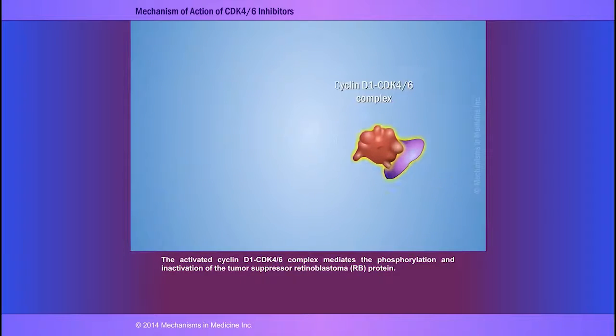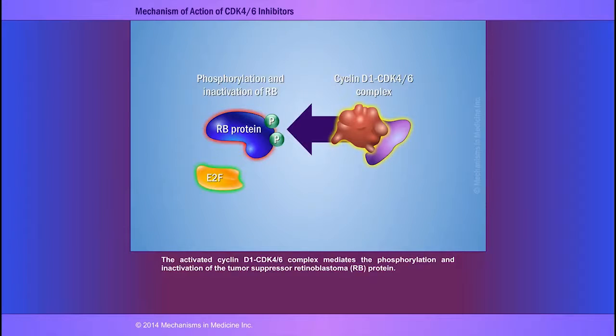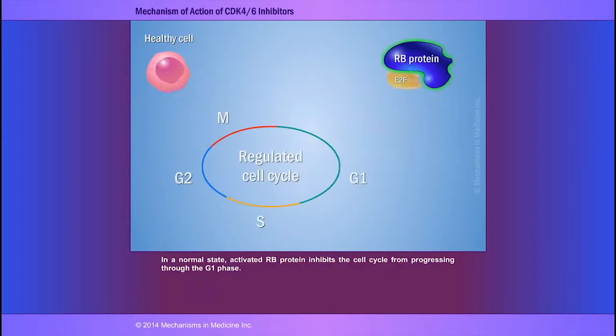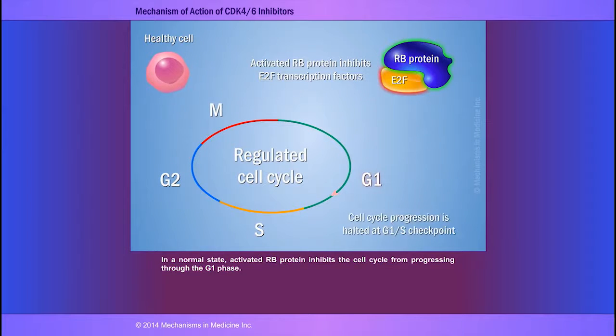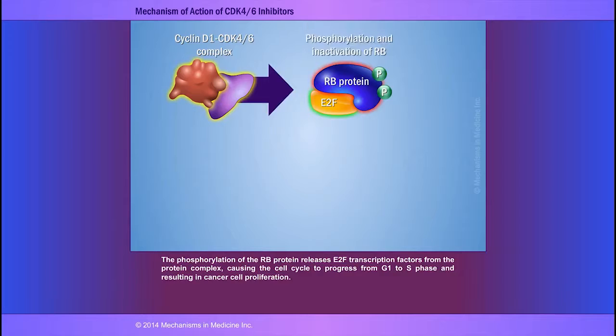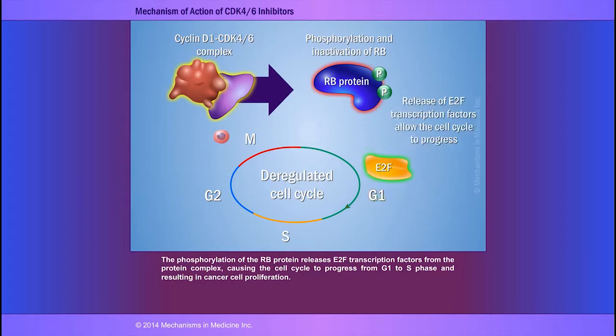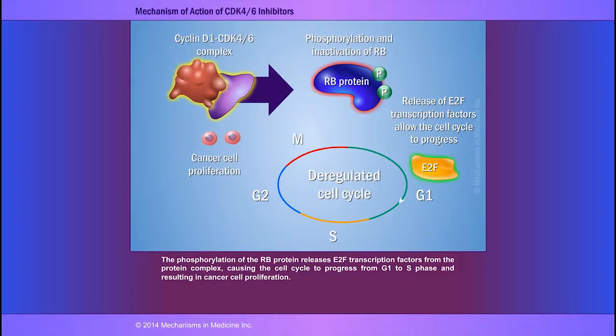The activated cyclin D1 CDK4-6 complex mediates the phosphorylation and inactivation of the tumor suppressor retinoblastoma protein. In a normal state, activated RB protein inhibits the cell cycle from progressing through the G1 phase. The phosphorylation of RB releases E2F transcription factors from the protein complex, causing the cell cycle to progress from G1 to S phase and resulting in cancer cell proliferation.